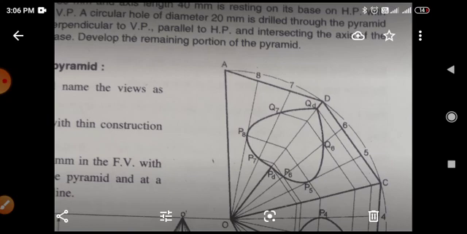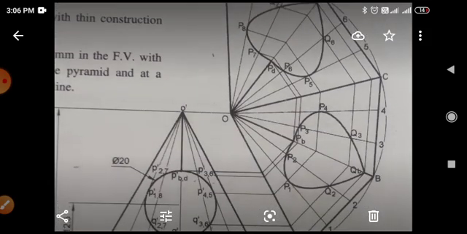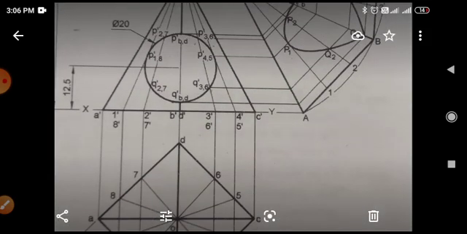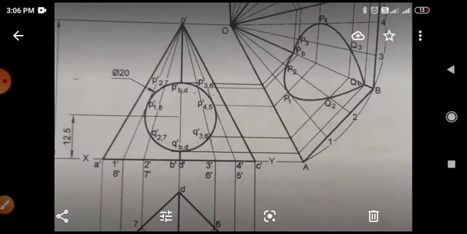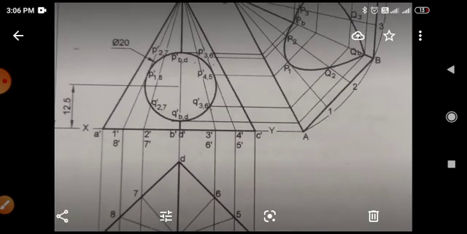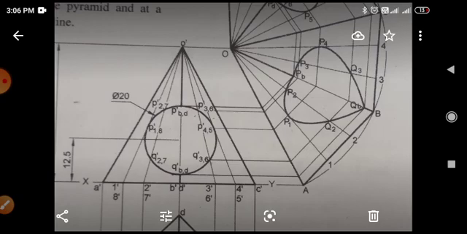That's why you should keep it in mind and read it properly, because depending on the problem you have to draw this side view and front view. No figure is given, just a few lines of the problem are given, and according to those lines you have to draw a complete figure. There will be nothing given to you.